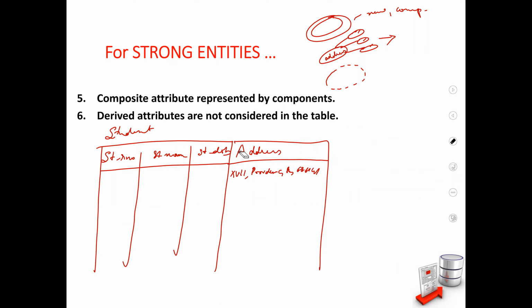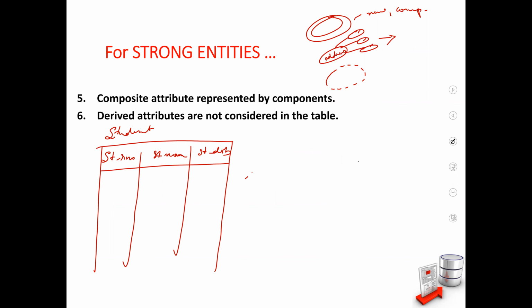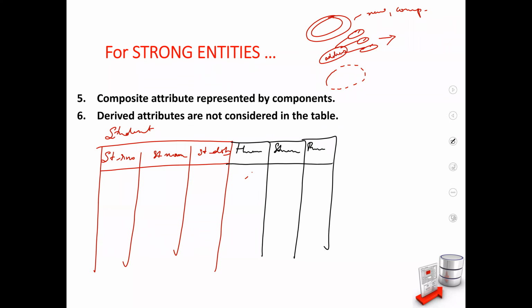Another way in which you can have it is, you can write over here house name, that will be one column, street name, that will be another column, pin code, that will be another column. You can do it however you want, but anyway, you will not be creating a new table for it. Either have this whole thing together as address, a single field, and then when you enter things, you do it with a comma, comma, comma.